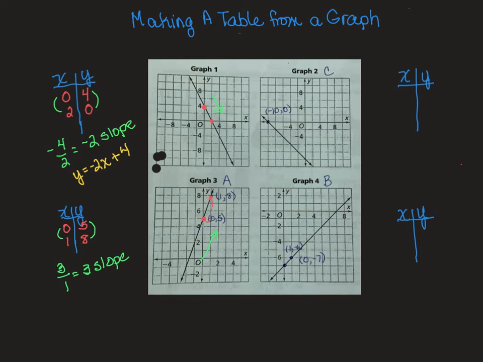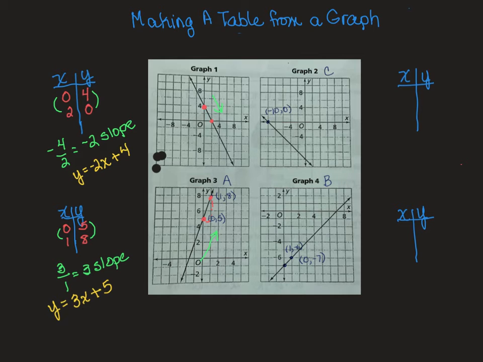So if I was going to write an equation, it would be y equals 3x, because the slope is the coefficient times x, plus or minus whatever that y-intercept is, and we know that it crosses the y-axis at 5. And so that would be the equation.